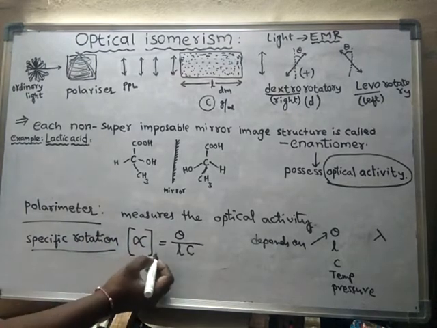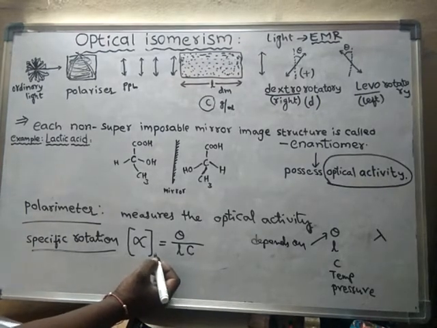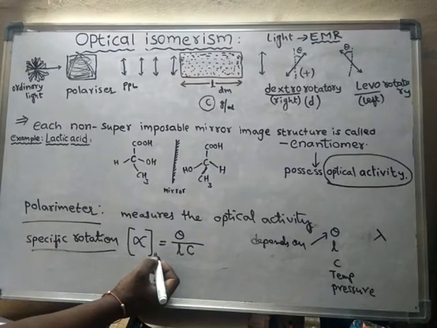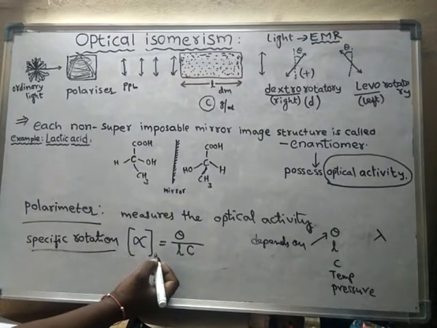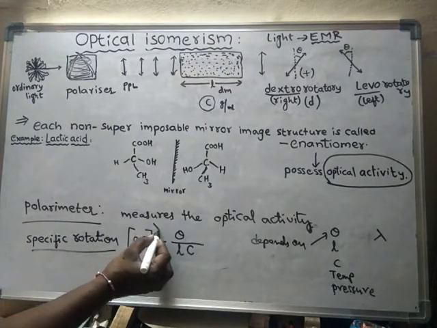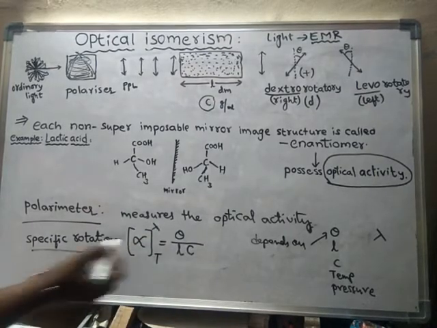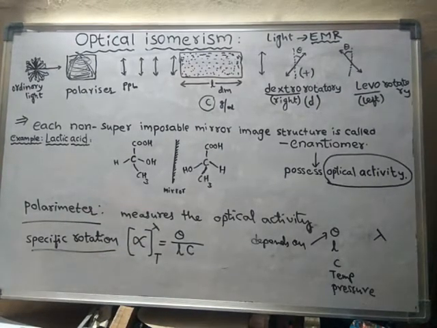We have to mention conditions like the temperature, and the wavelength of the light used also we have to mention along with the specific rotation value. Like this the specific rotation can be known.